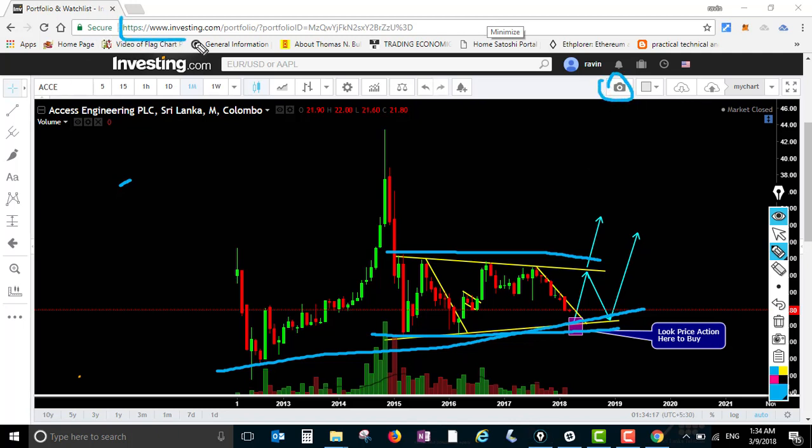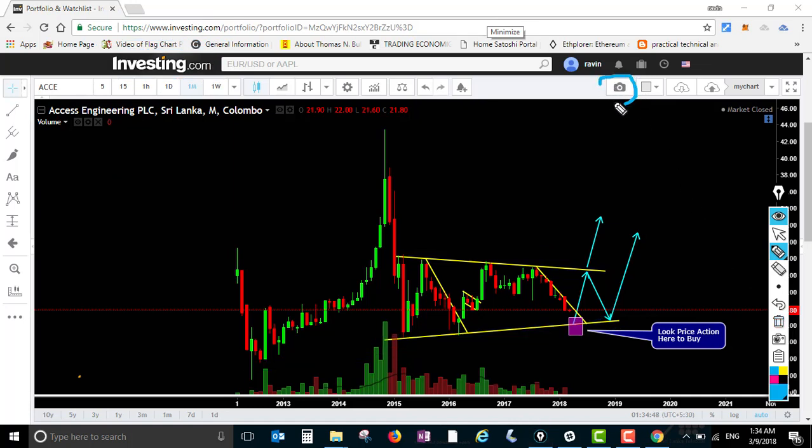Actually, you can go to investing.com, which is a free service, and select our Sri Lankan markets and draw charts in a good, easy way, better than whatever tool our local brokers are offering. Then you draw the 1 month chart, take a screenshot of it, and keep it in a folder.